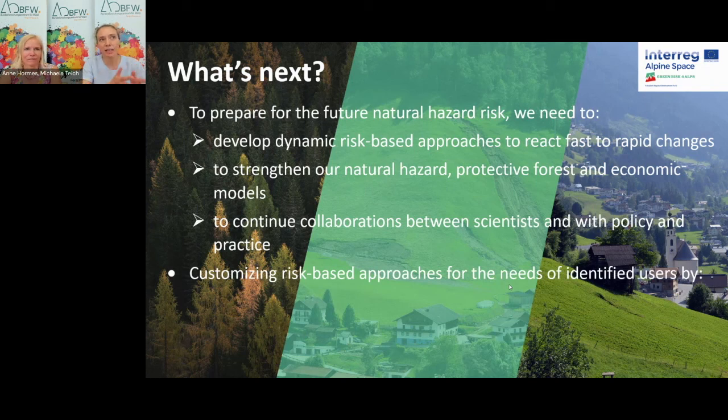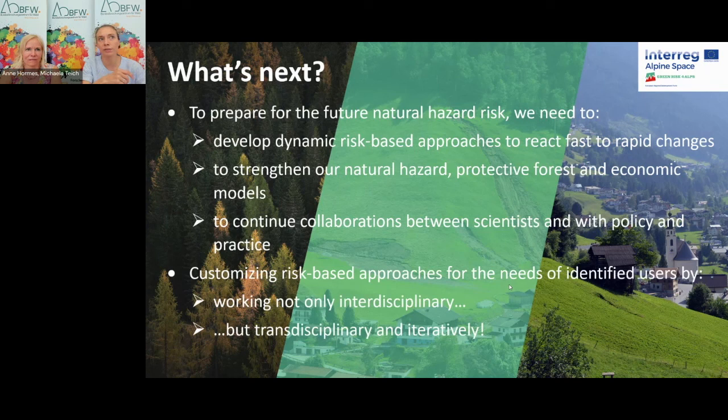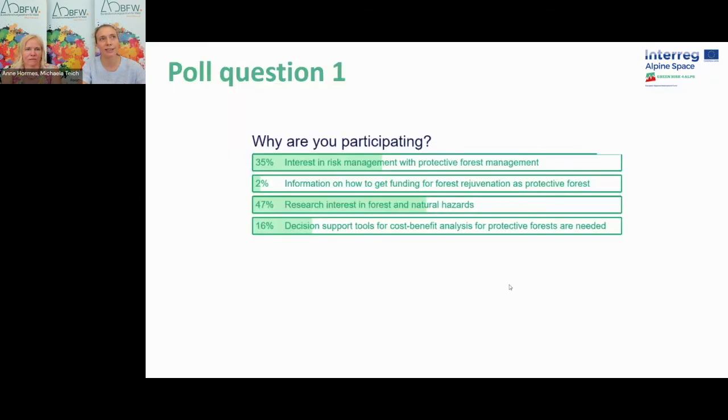To customize these risk-based approaches for the needs of the identified users, we need to work not only interdisciplinary, between the different disciplines in science, but also transdisciplinary, together with fields from practice and policy.